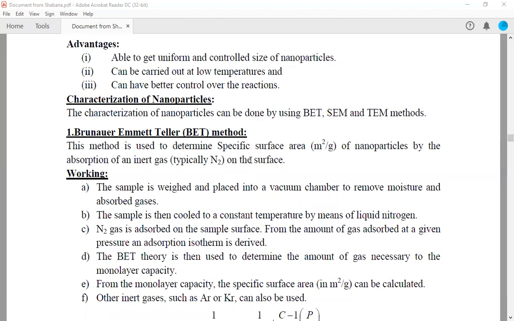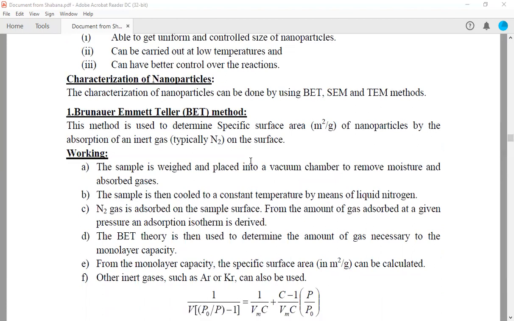Nanocrystalline particles are synthesized by the combustion reaction method. In this method, the sample is first weighed and placed in the vacuum chamber. Why do you keep the sample in the vacuum chamber?